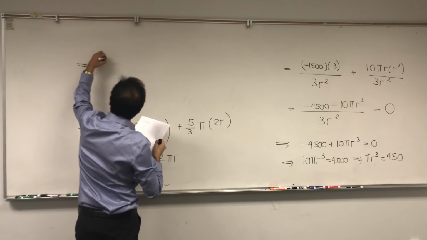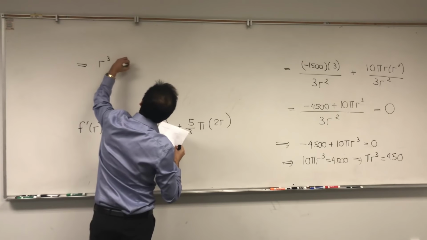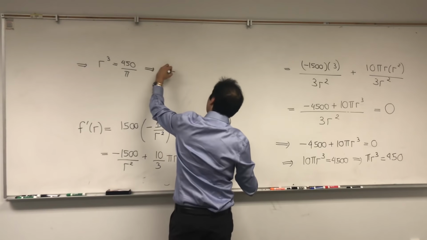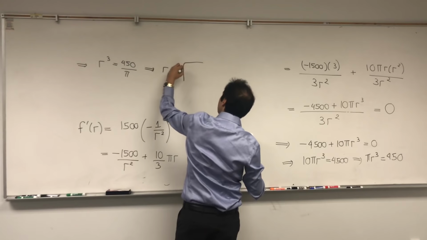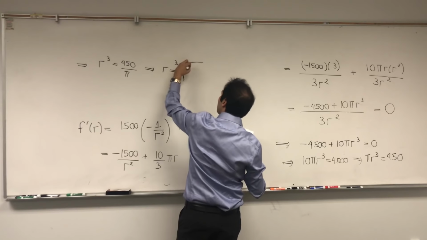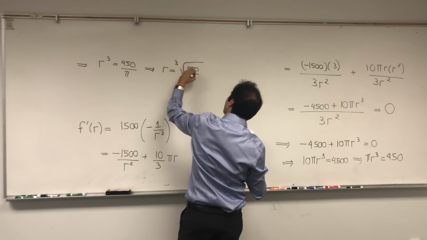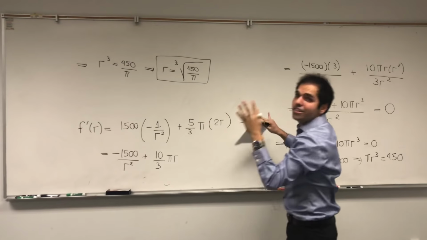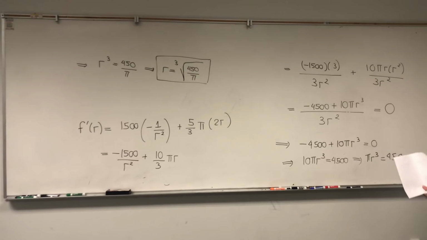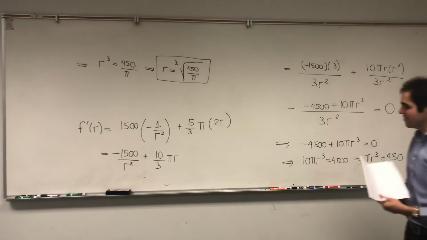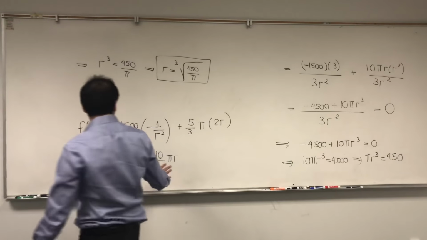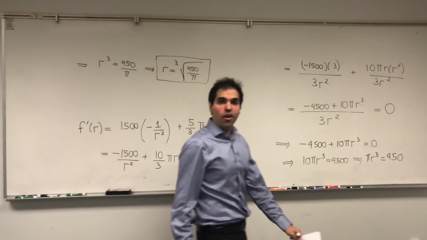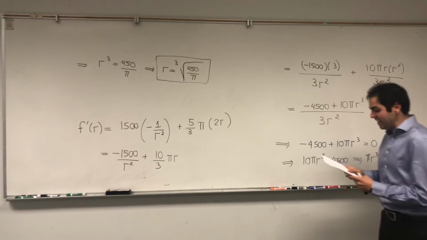So again, r cubed is 450 over pi, which gives you r as the cube root of 450 over pi, if you want meters, just to be consistent with the units. I know it's not the nicest of answers, but we get also a nice answer actually for h.